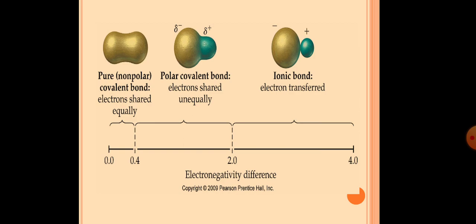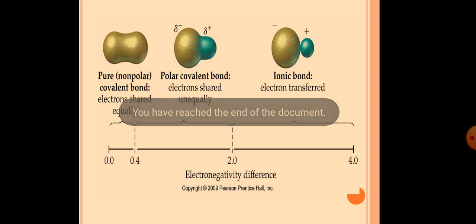Non-polar covalent compounds are hydrogen H2, chlorine Cl2, nitrogen N2, oxygen O2. When the sharing takes place between similar atoms, they form pure or non-polar covalent compounds. Okay, with this, let us finish off this lesson.